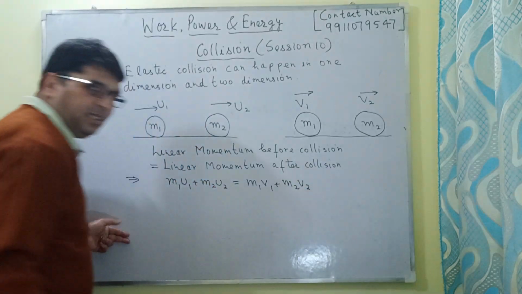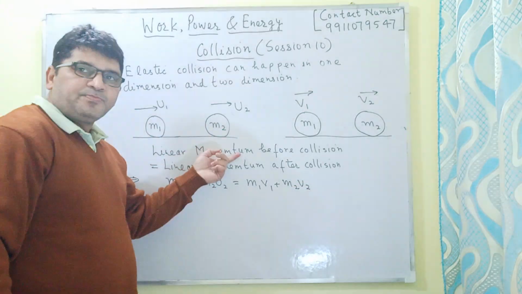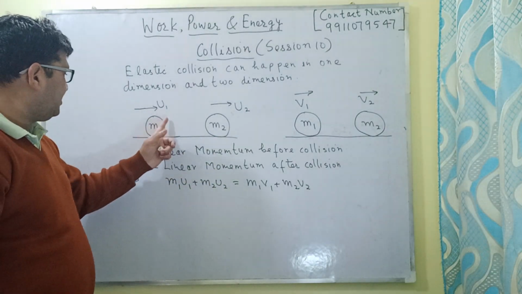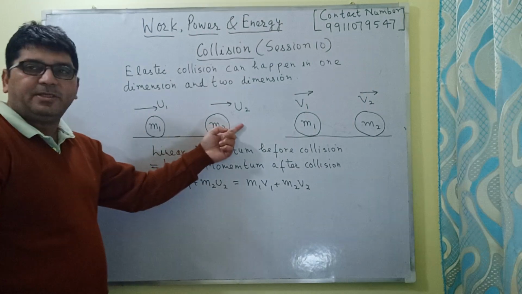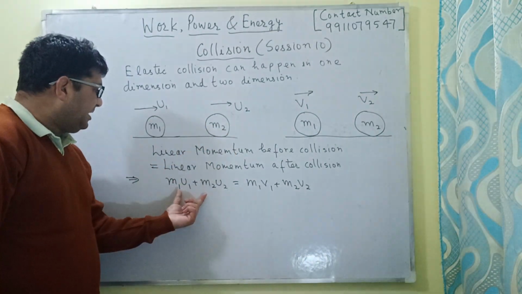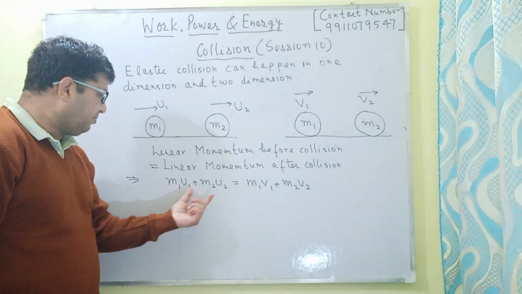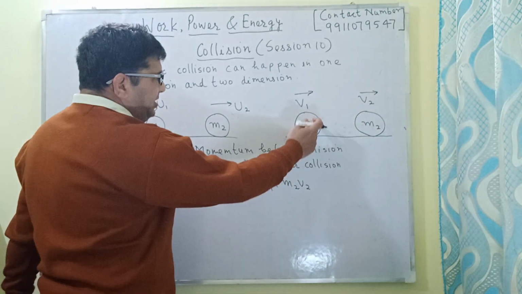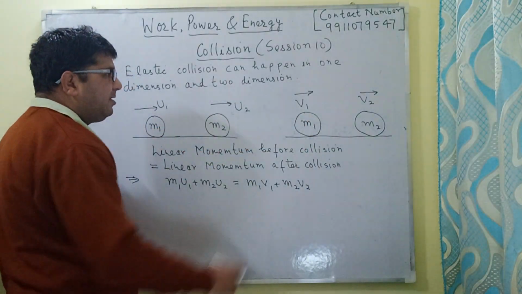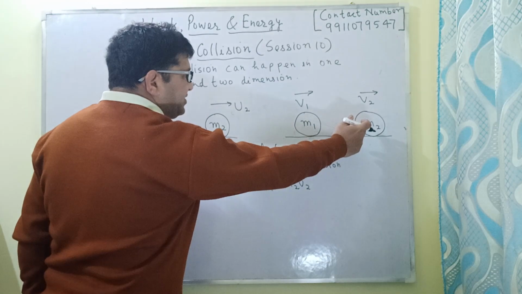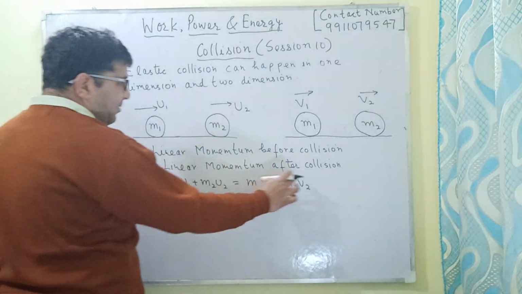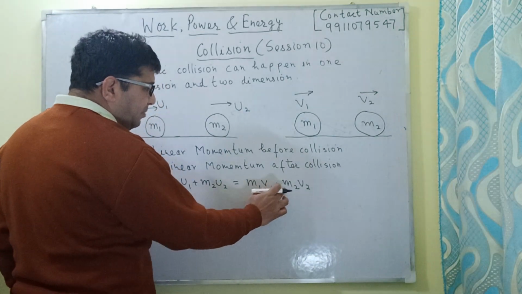I think everybody must know what momentum is. Momentum is the product of mass and velocity. So the momentum of m1 is m1 u1, and the momentum of m2 is m2 u2. The total linear momentum before the collision is m1 u1 plus m2 u2, and after the collision, the velocity of mass m1 is v1 and of mass m2 is v2, so the linear momentum after the collision is m1 v1 plus m2 v2.